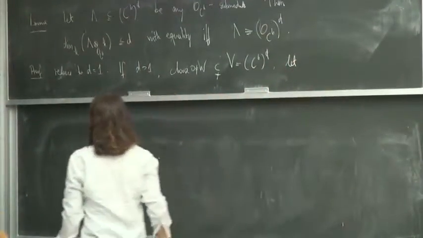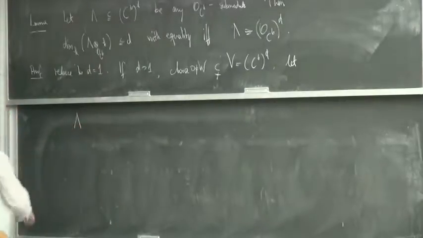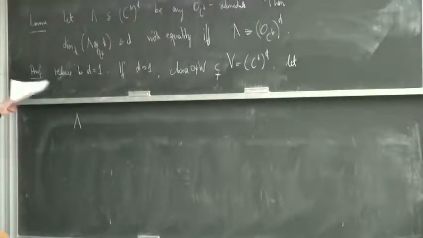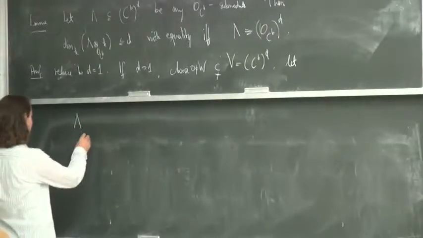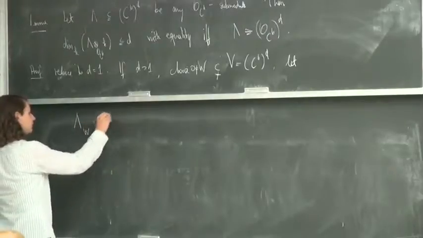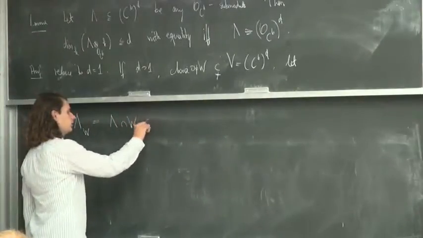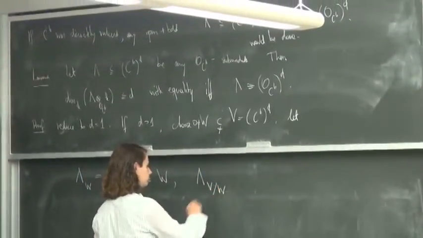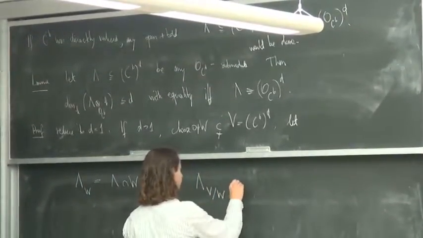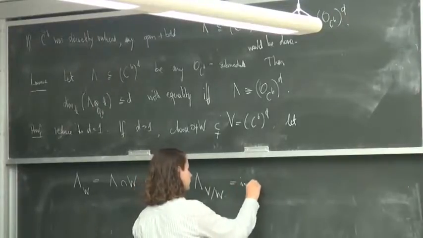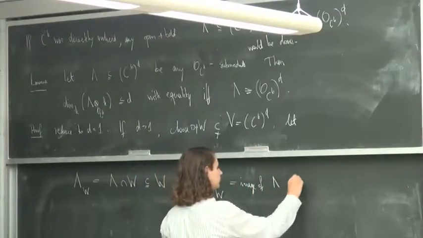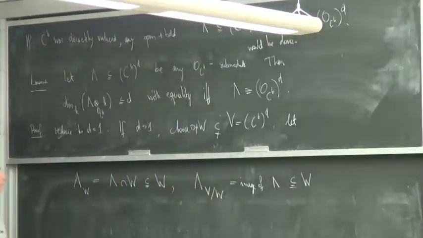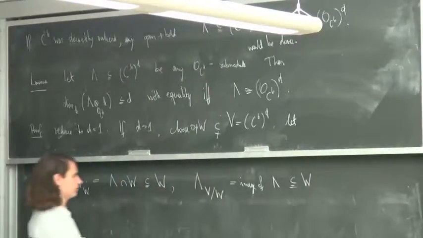And then this lambda induces some sub guys. Not even necessary that it's open and bounded. Lambda_w, which is lambda intersected with w inside of w, and lambda_{V mod w} be the image of lambda inside of V mod w. V mod w, thank you.